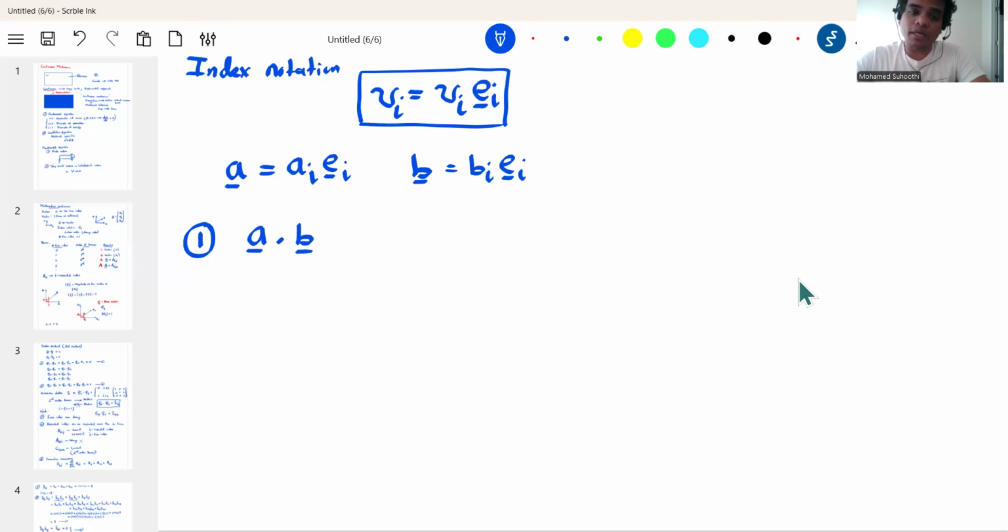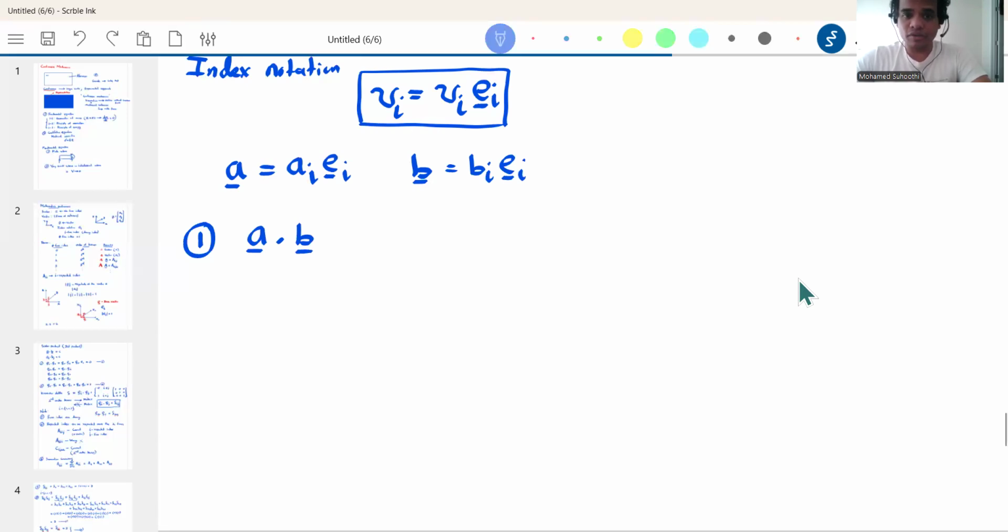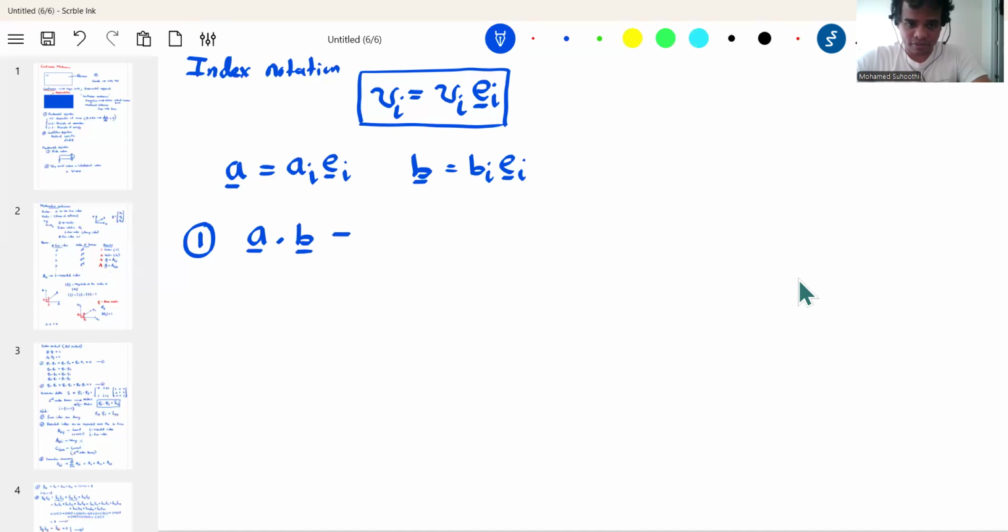So you remember A dot B and B dot A are the same, right? Okay, we can write that one. We can prove that one using these two equations, right? So let's see. Let's write A in terms of index notation, right? Ai ei, okay, dot. Now, again, bi ei. You cannot write bi ei here.